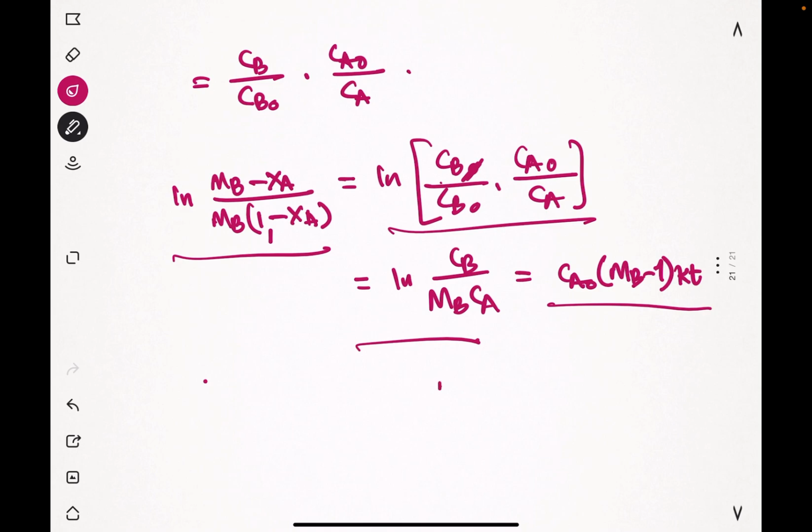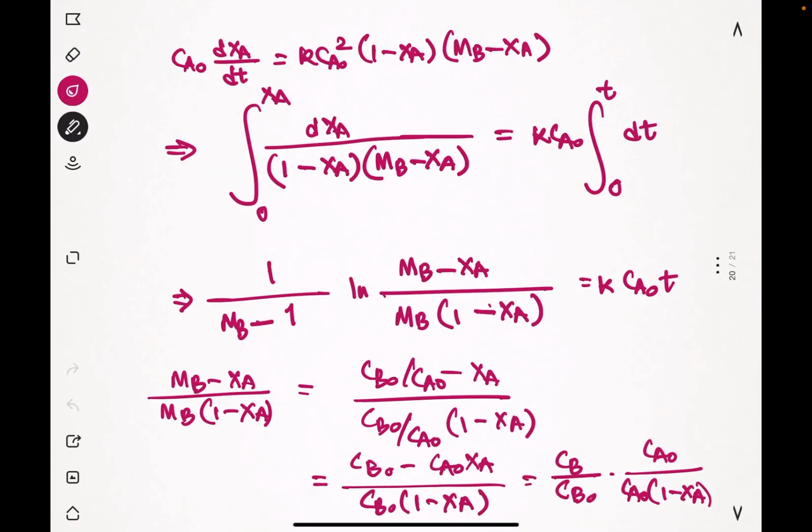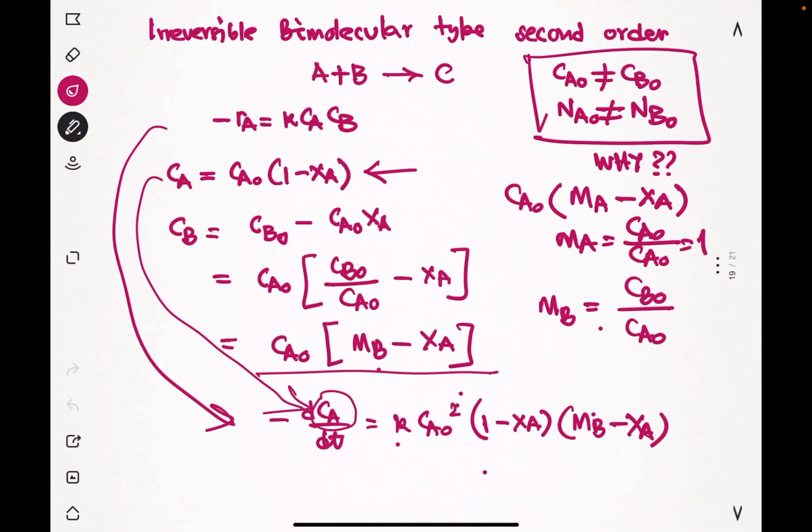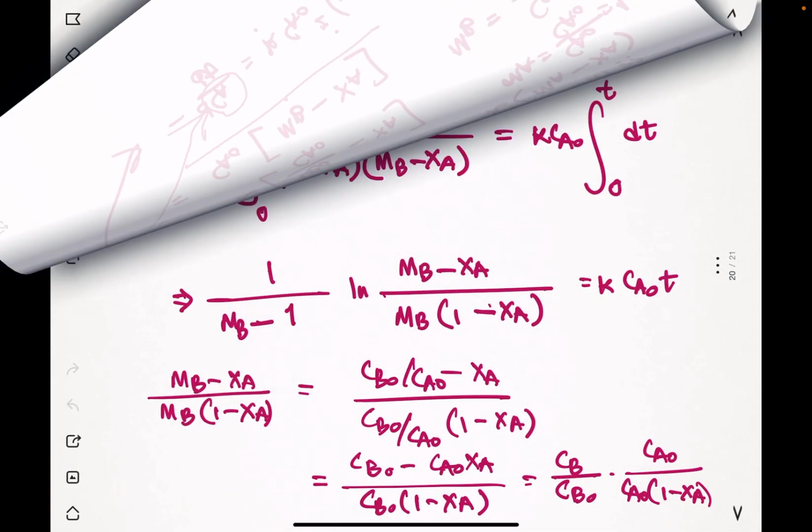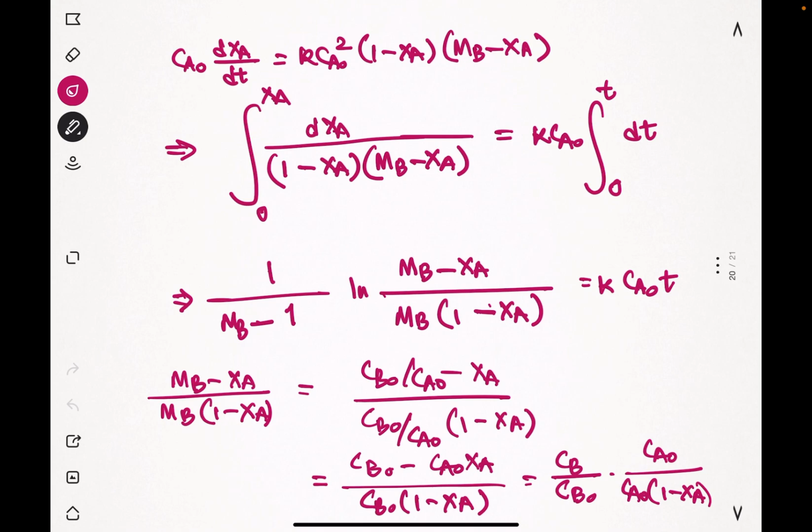And we must remember MB is not equal to 1, the condition I mentioned at the very beginning. If CA naught and CB naught are not the same, then MB cannot be 1. So we have to remember this.